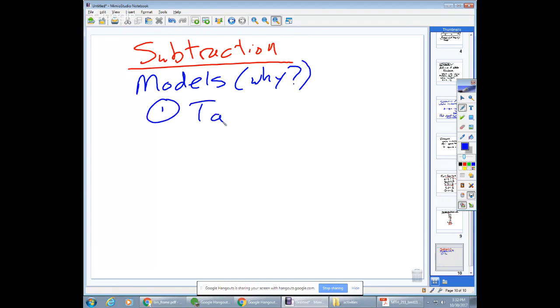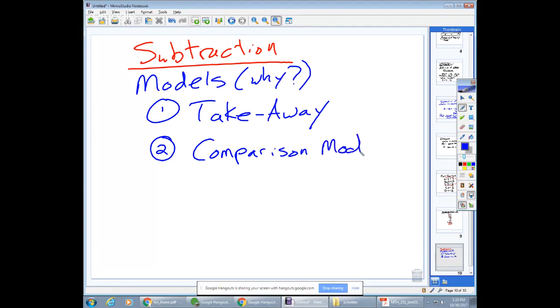The most common model is called the takeaway model, where we show one group and we physically remove stuff to get what's left. Two is the comparison model. And we worked on these in activity 2. So let's bring that up for a peek.